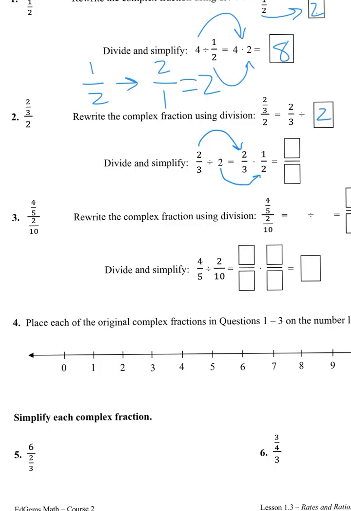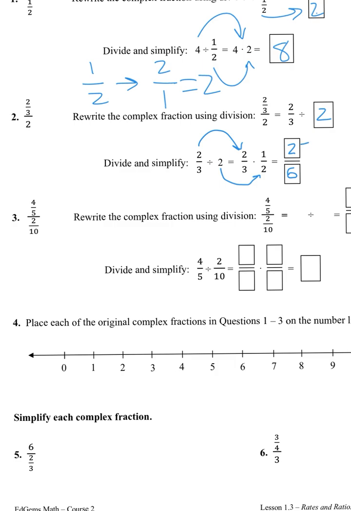And then we're going to change the division to multiplication. At this point, we're going to multiply these two fractions together. And remember, when you're multiplying fractions, you do not have to have a common denominator. So 2 times 1 is 2, and then 3 times 2 is 6. Let's go ahead and reduce our fraction. What's the greatest common factor of 2 and 6? That's the number 2.